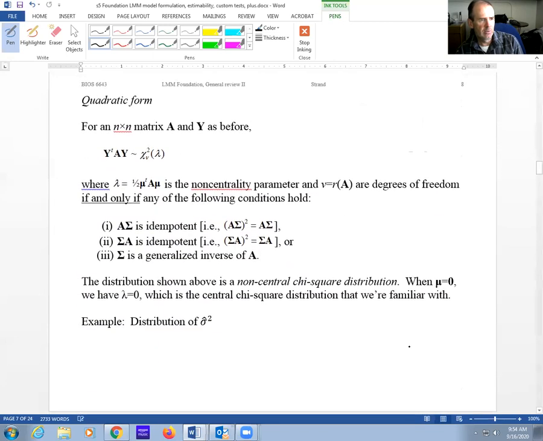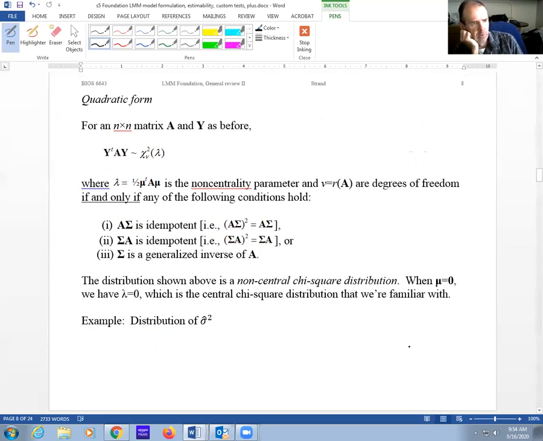There's a similar result called the quadratic form, where if y is a multivariate normal, then y transpose Ay has a chi-square distribution. And so that's going to be useful if we're dealing with the distribution of sigma hat squared.